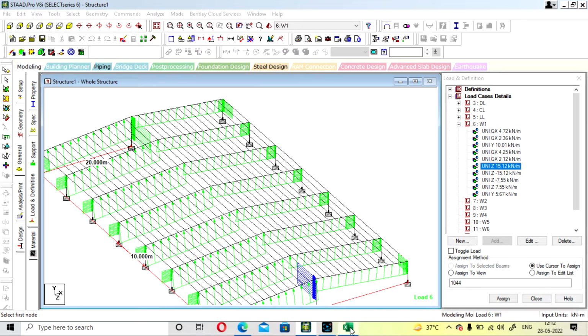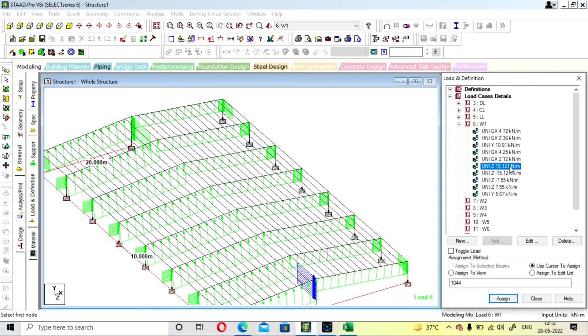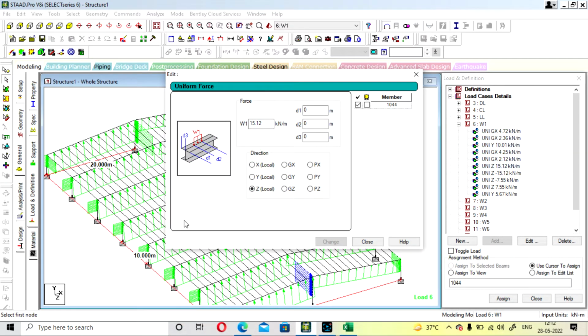So 15.25 for D also it is taken, and it is also minus, it is going away from the structure, but here you provide the positive value in z direction, and as per the star it is going outside. Okay, towards the z, positive z.